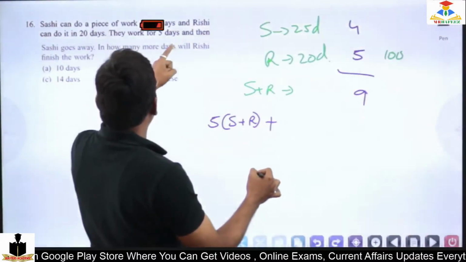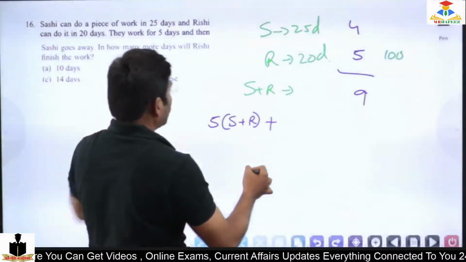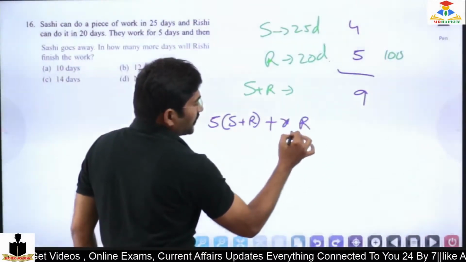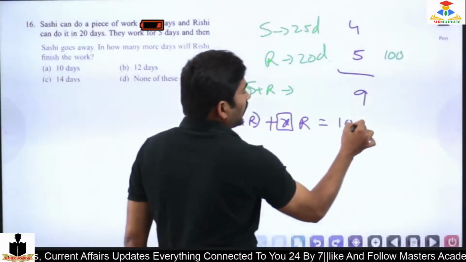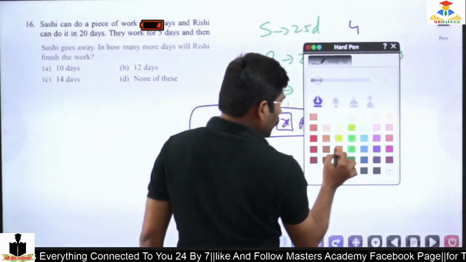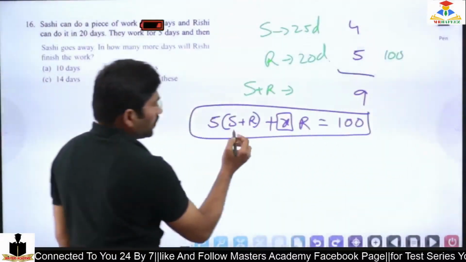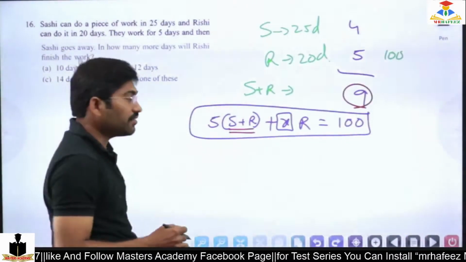So for 5 days they worked. And later, who worked alone after 5 days? In how many days? Rishi. So Rishi x days, I don't know. This is equal to the 100. S plus r, the value is 9.